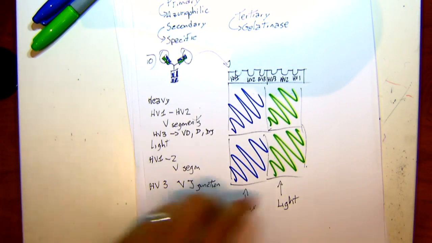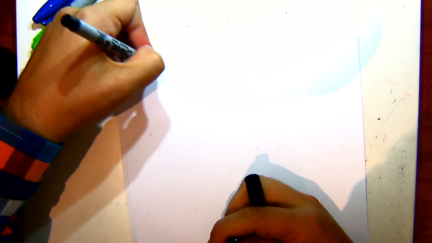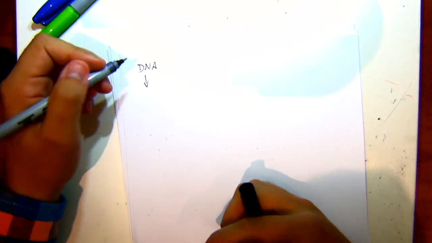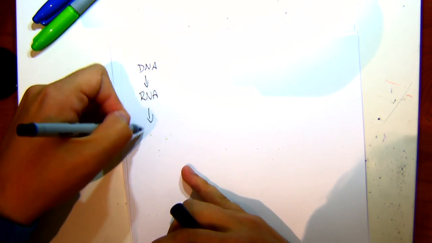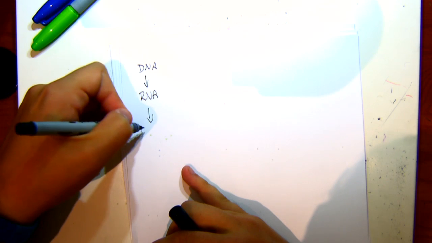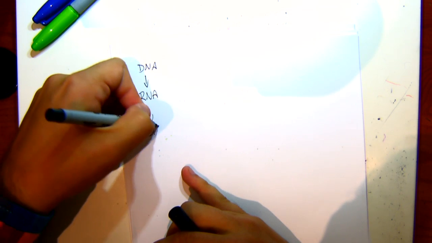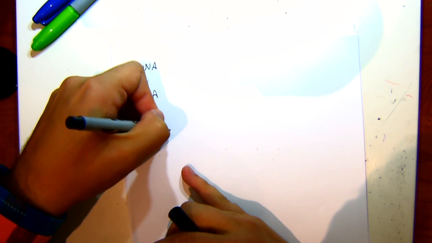All right. So remember, we have DNA that codes for proteins. DNA is turned into RNA, and RNAs are then read and turned into proteins, right?